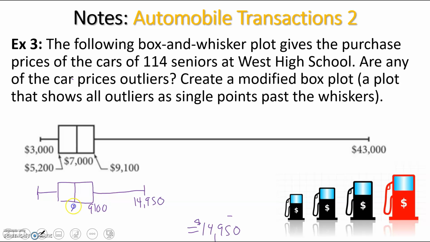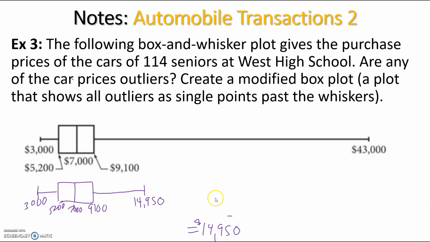Our 9,100, our 7,000 for our median, our first quartile at 5,200, and our minimum at 3,000. Now what we're going to do with that outlier, that 43,000, is we're simply going to put a mark, a star, a point that represents it.